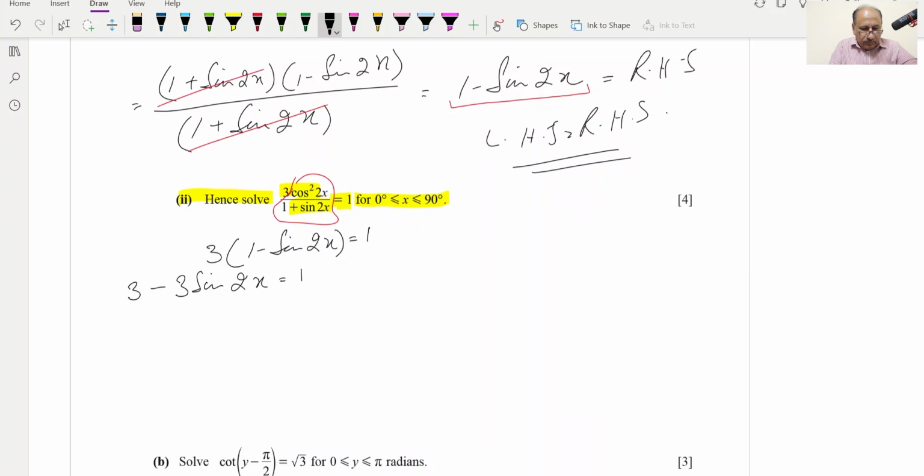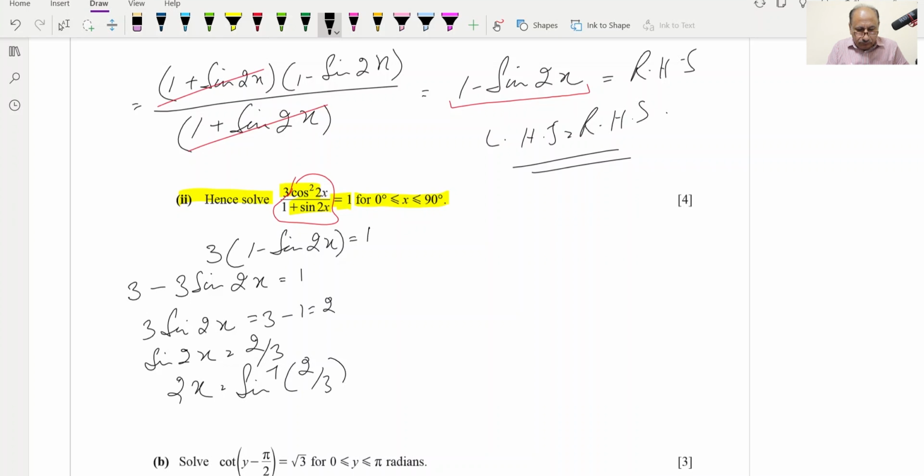And 3 sine 2x will be equal to 3 minus 1, which is equal to 2. So sine 2x will be equal to 2 over 3, and 2x will be equal to sine inverse of 2 by 3, and x will be equal to 1 by 2 of sine inverse of 2 over 3.